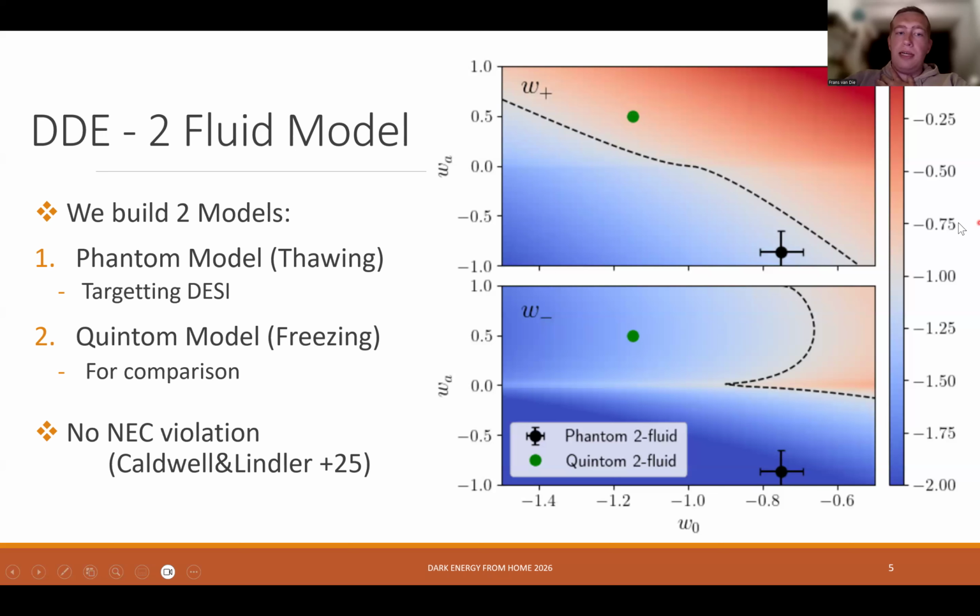Now, even though in the phantom model we observe that one of the fluids, namely the minus fluid, experiences negative energy density at late time, this does not violate the null energy condition, as the total energy in the whole system, the two-fluid system, always remains positive. However, our approach is an effective approach in that sense.